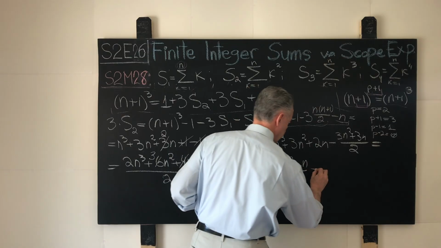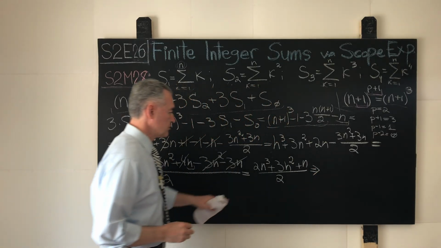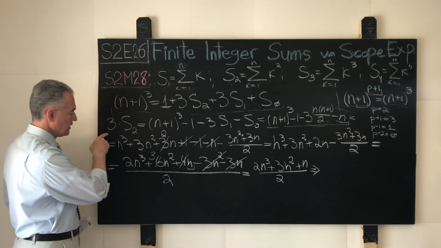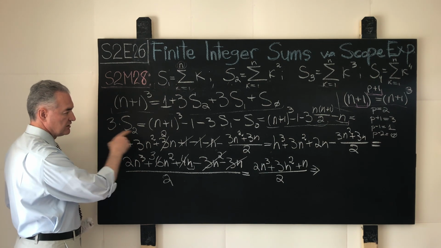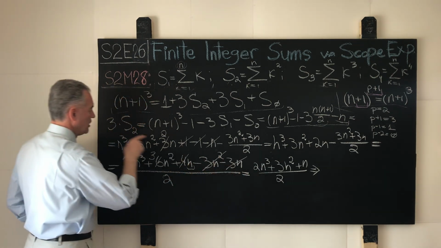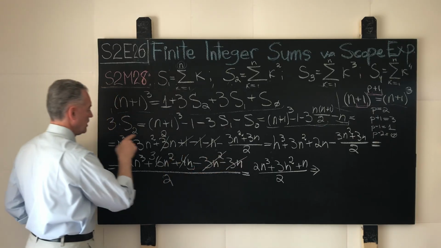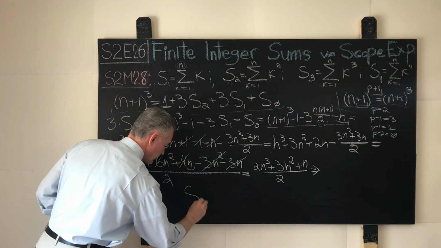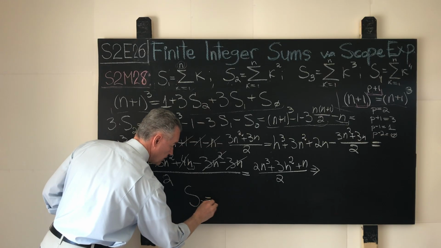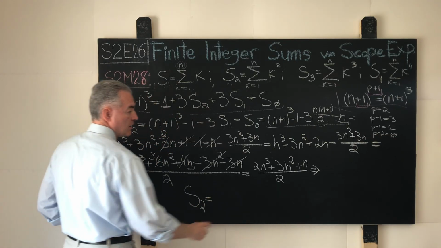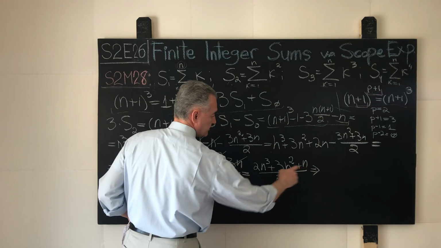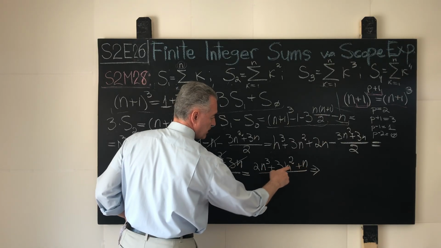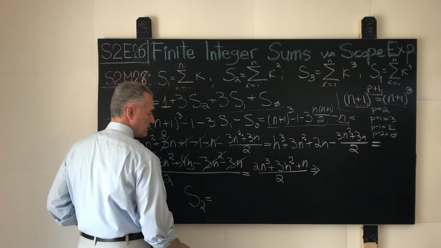And from here it follows what? Once we have this expression, we simply take our 3 times S2 and divide both sides of this equation by 3, and what do we have? We obtain S2 is equal to... 1 copy of n can be safely carried out from the numerator.